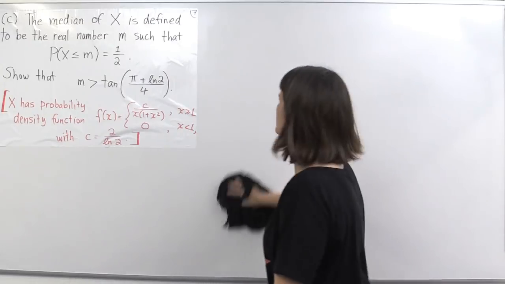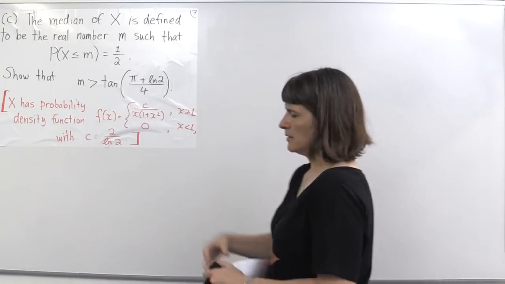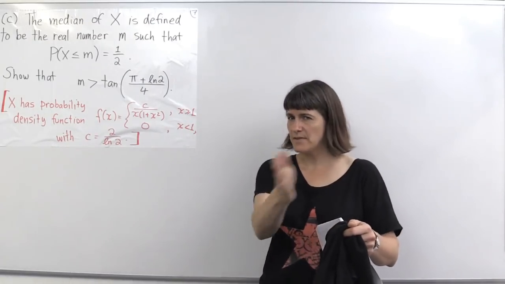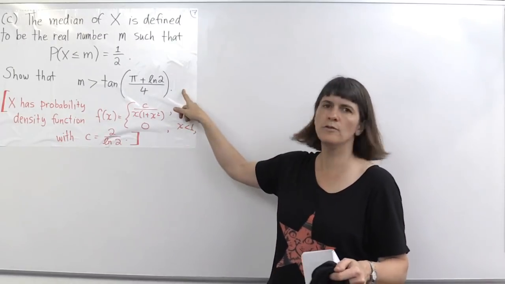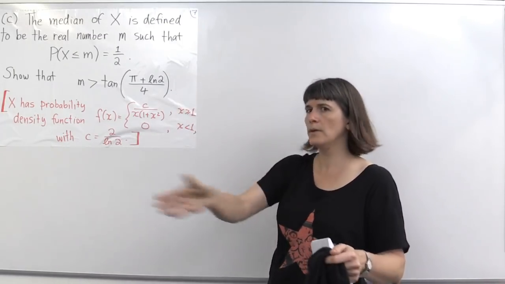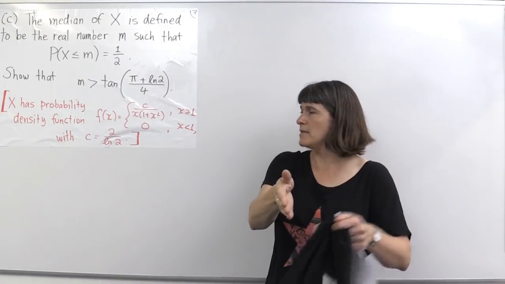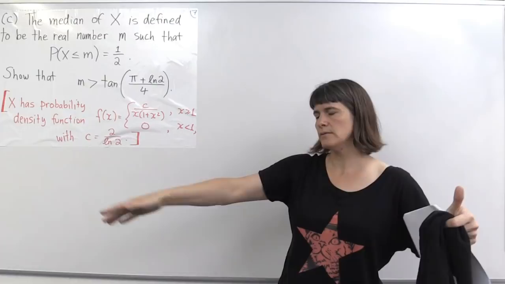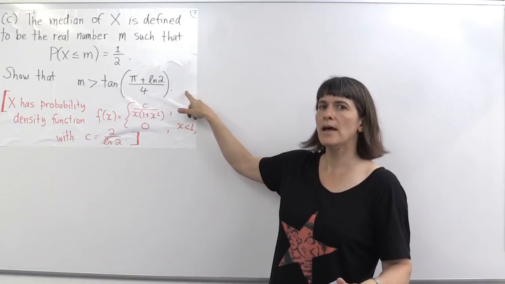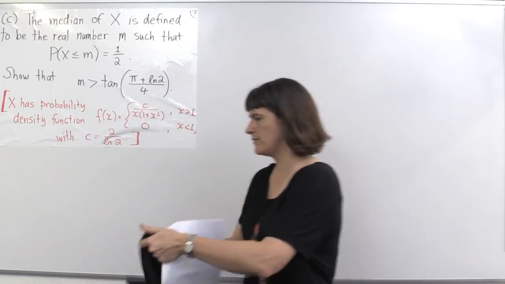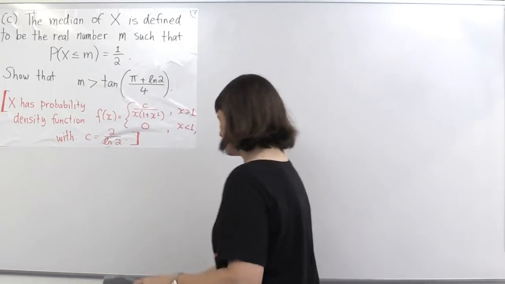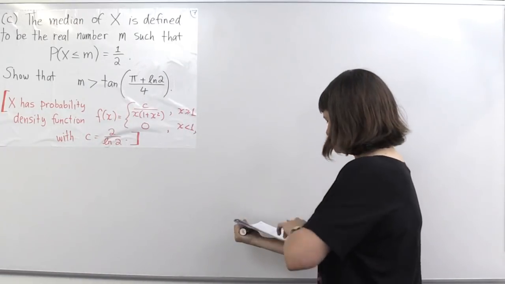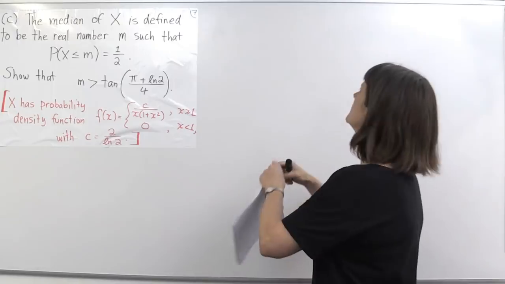So what does that mean? That means if you integrate from minus infinity up to this value that we're given, tan of (pi plus log n) all divided by 4, you're not at the median yet. The median is bigger, and that means you haven't reached a half yet when you integrate, right? So we have to show that the integral up to this value is strictly less than a half, and that will do the job. Okay, so let's do that.